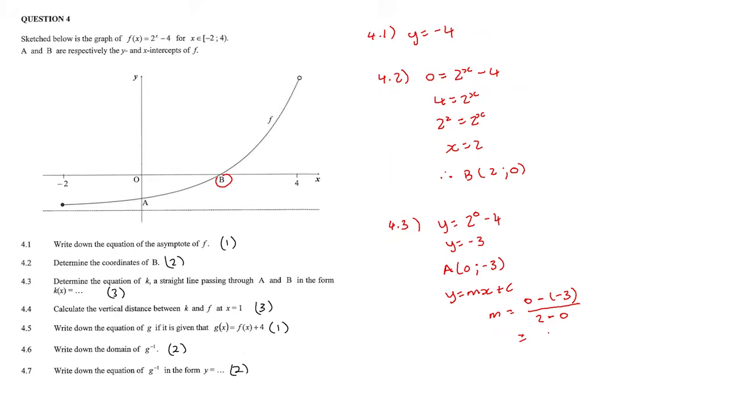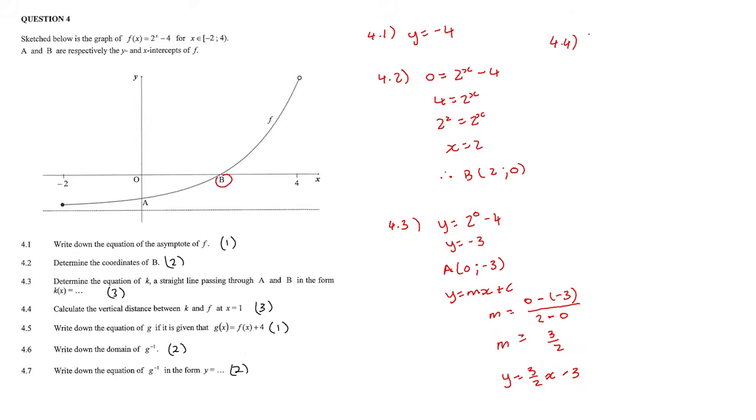And we get 3/2 to be our gradient. Then we can say that our equation is (3/2)x - 3, as this will still remain our y-intercept.